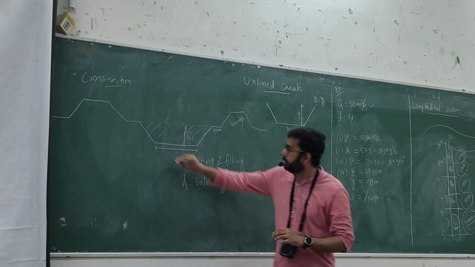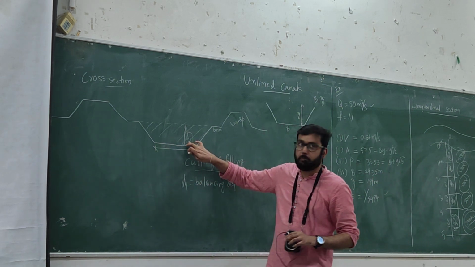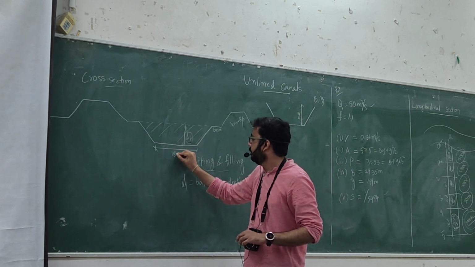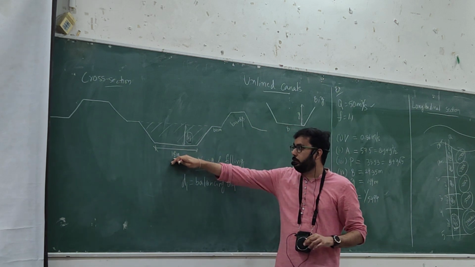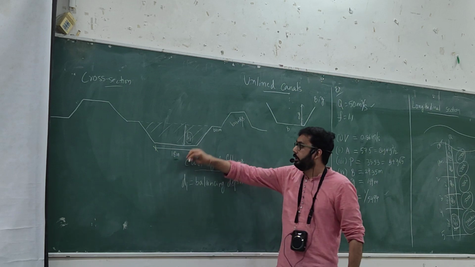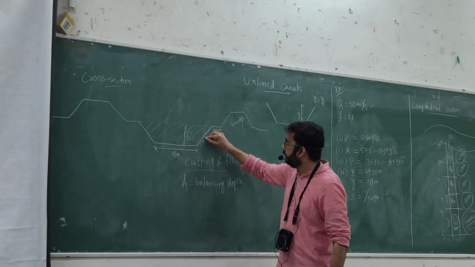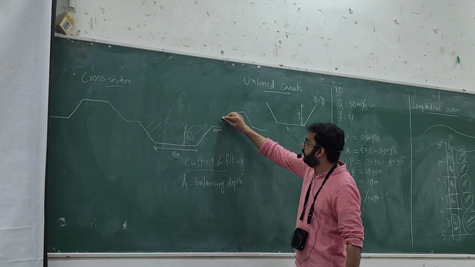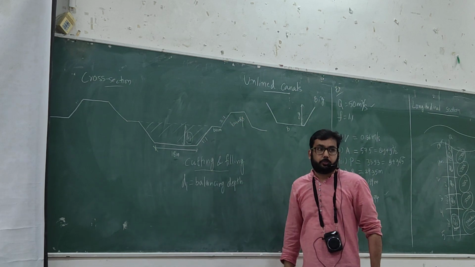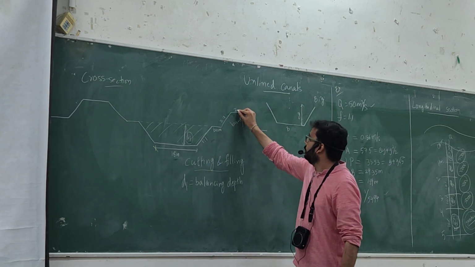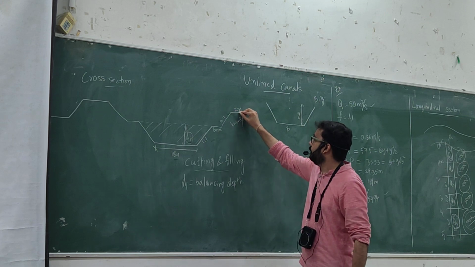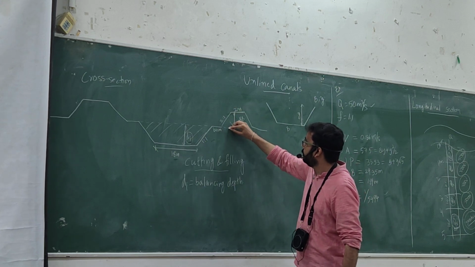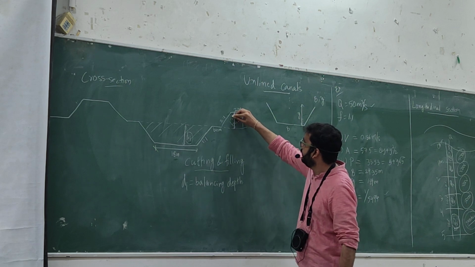So now let's do an example to calculate the balancing depth for a scenario. Let's say I have a bottom width of 18 meters and the side slopes for the canal are 1 on 1 and the side slopes for the banks are 2 on 1. The top width of the bank is 2 meters and the height of the bank from the horizontal level is 3 meters.